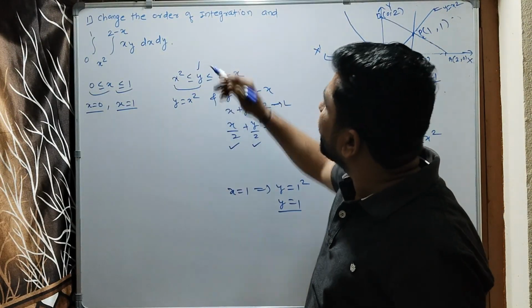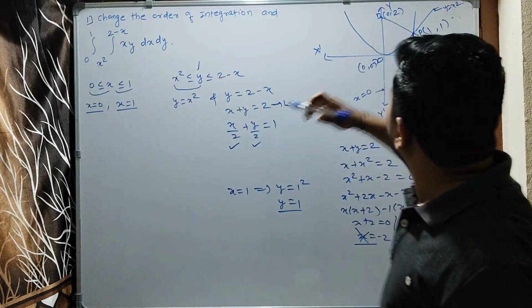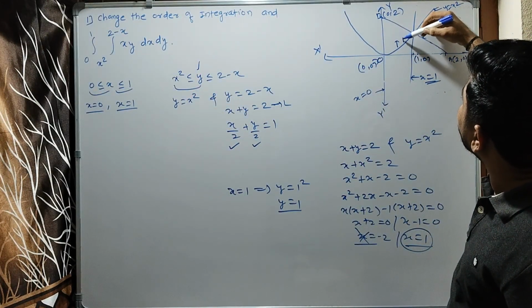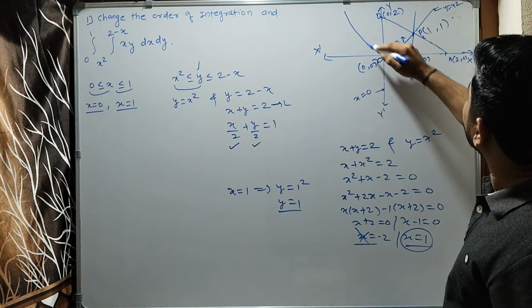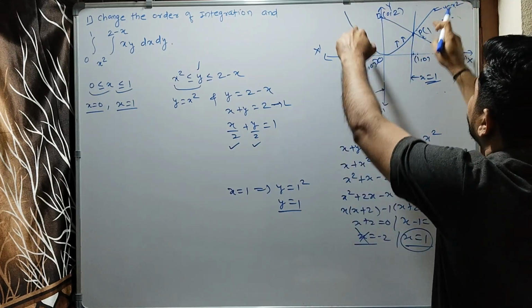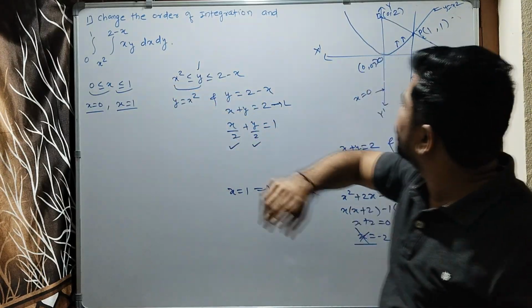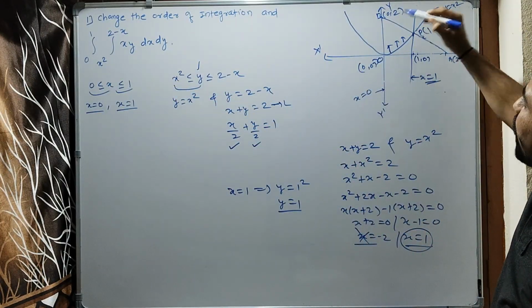And y is greater than or equal to x square. Along this curve y equal to x square, y is greater than or equal to x square, meaning these are the values of y.